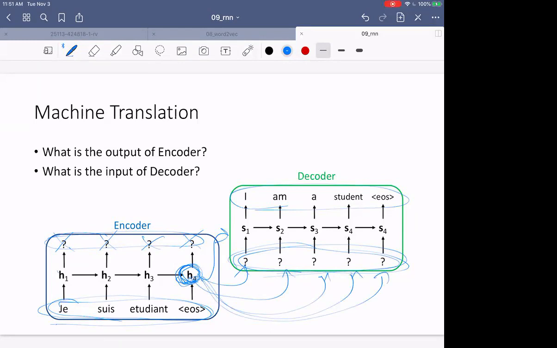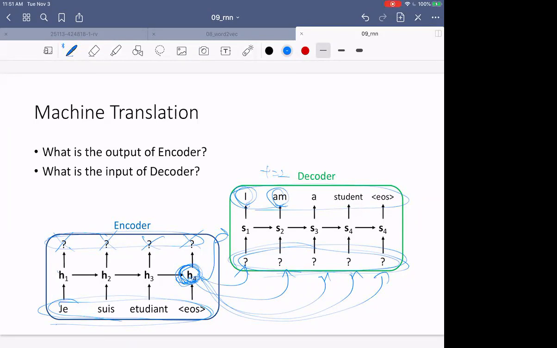That's probably not a good idea, because, for example, let's say you've already predicted I and it's time to predict M, that you're at T2. Then you need to know that you've already predicted I in the previous time step, so that you can predict M now in T2, right?